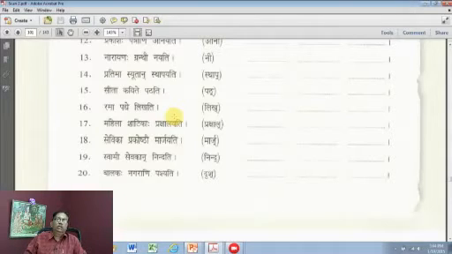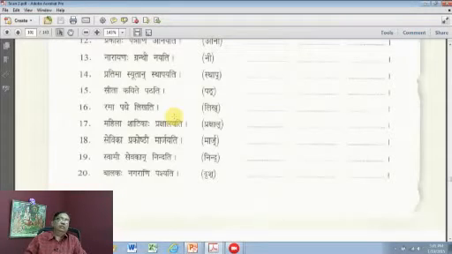A Napumsakalinga Shabda and a Strilinga Shabda sound the same in Dvivachana. Kavite, see, kavite, isn't it? Kavita, kavite. Padyam, padye. A Napumsakalinga Shabda also sounds the same in the Dvitiya Dvivachana, irrespective of its ending. This Kavita is an Akaranta Strilinga Shabda. What is the Padya Shabda?